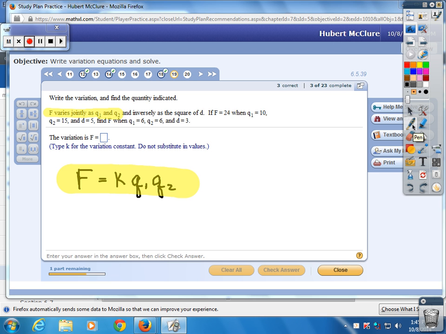This says, and I'm going to highlight it in green, and inversely as to what? And I told you square of meant what? Squared. So inversely means division symbol, right? Over D squared.